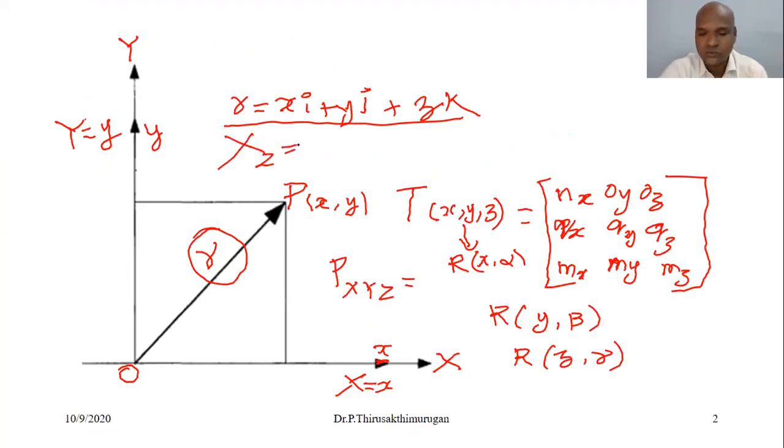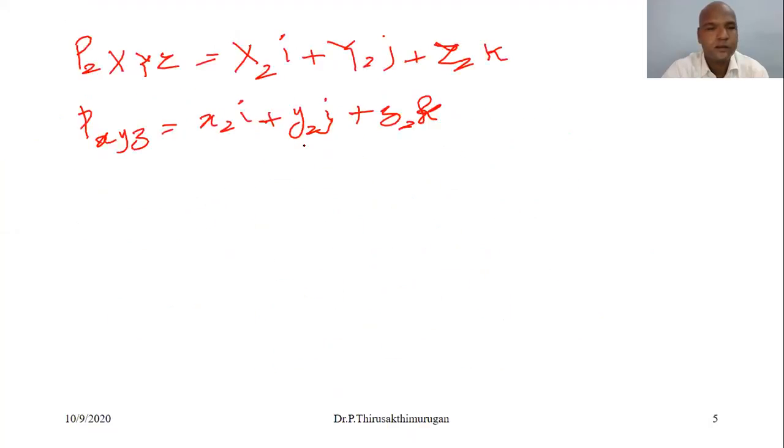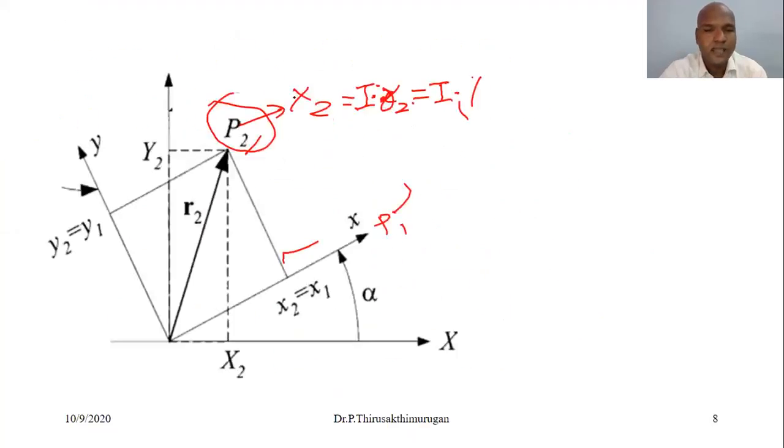So capital X2 equals I into R2. What is R2? R2 is X2 I plus Y2 J plus Z2 small k.